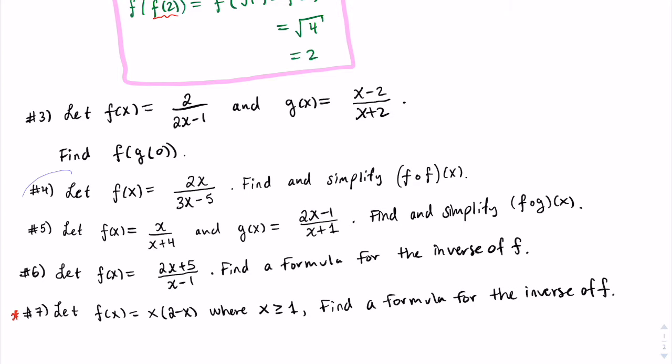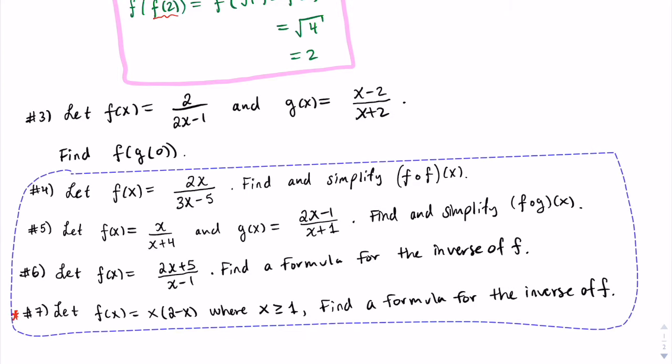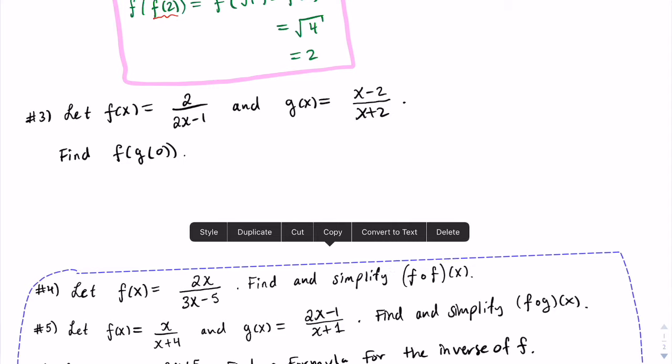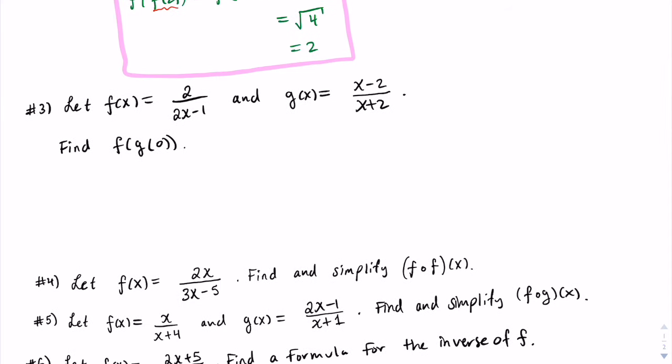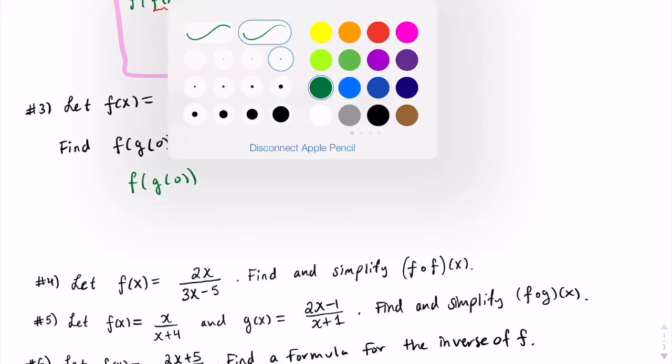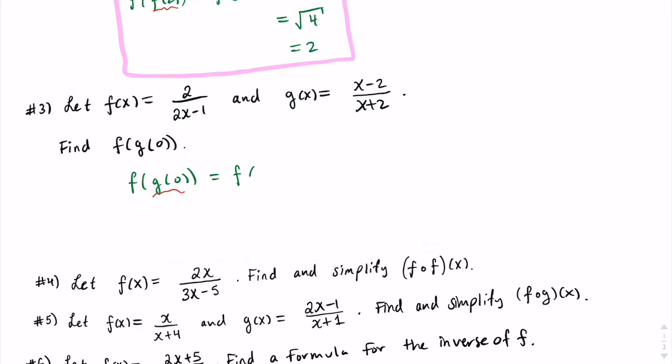So let's push this down. There we go. So f of g of 0. What is g of 0? -1. Yeah. So this will be f of -1. And what is f of -1? -2. Yeah.